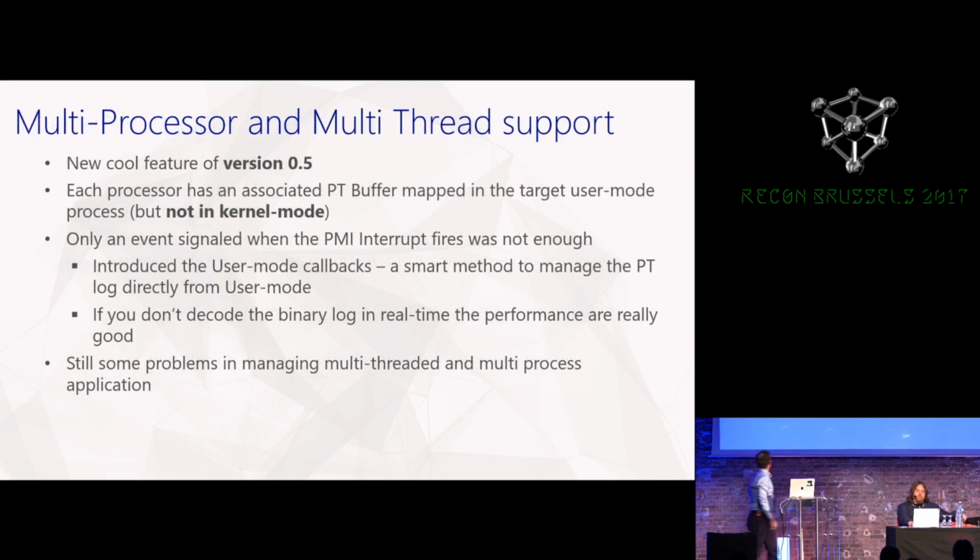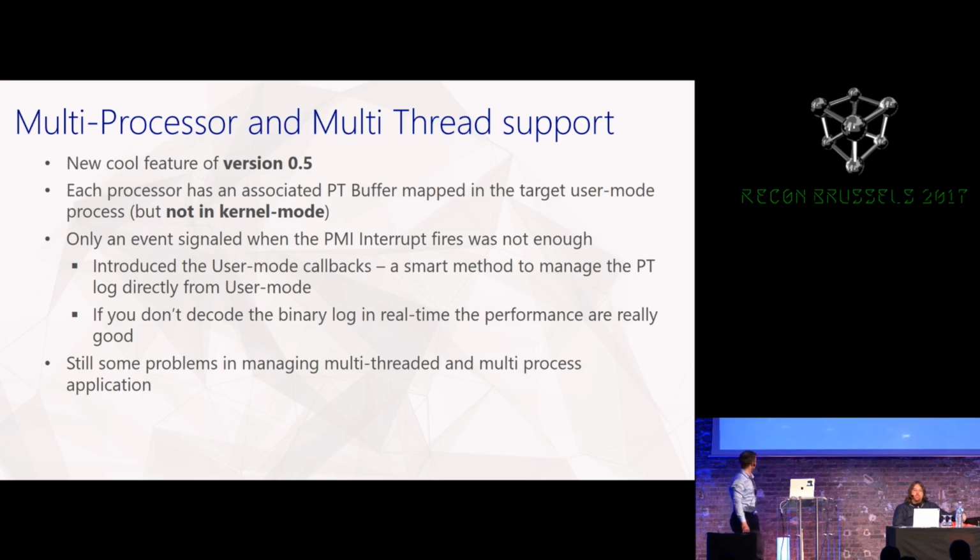Okay, here is where things get interesting, because in version 0.5 we have been able to support multiprocessor and multi-thread applications. We implemented it in such a way that each CPU has its own buffer associated with it, mapped in user mode, and we signal a PMI interrupt when the buffer is filled.